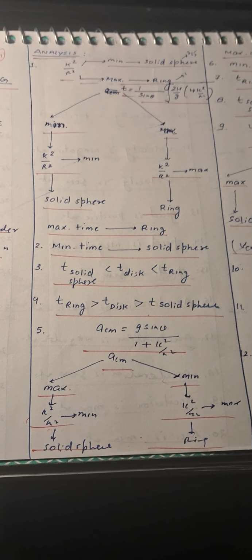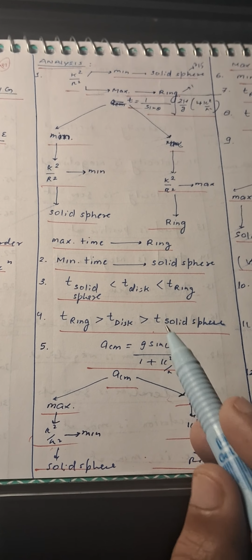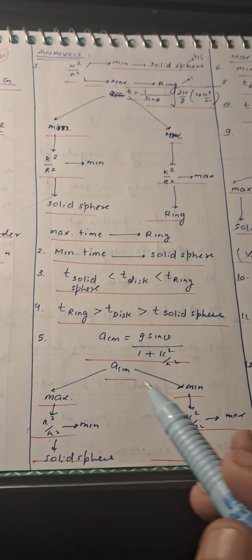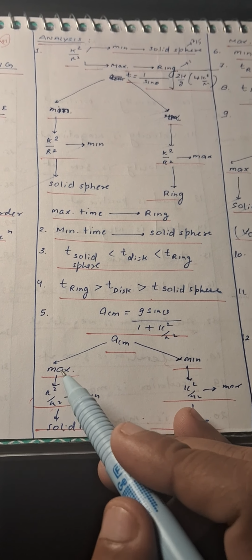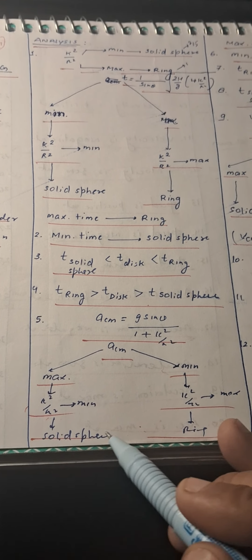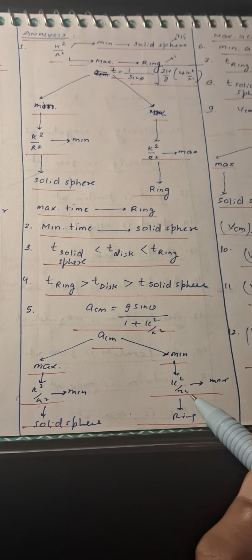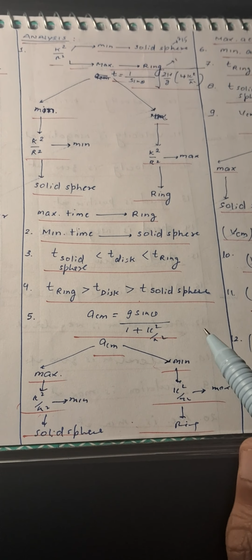Now there is analysis of the acceleration of the center of mass of the bodies. So ACM is g sine theta by 1 plus k square by r square. ACM will be maximum for which k square by r square is minimum, which is for solid sphere, and ACM will be minimum for which k square by r square is maximum, which corresponds to the ring.